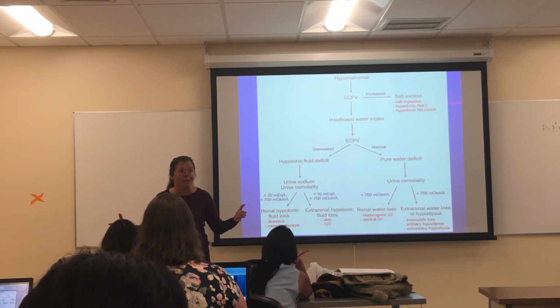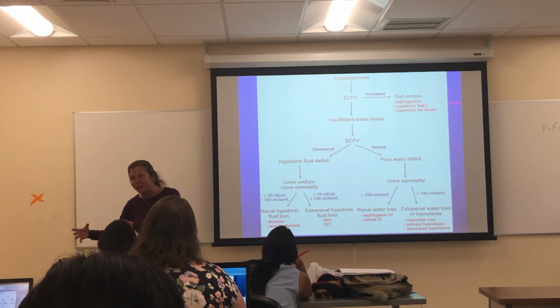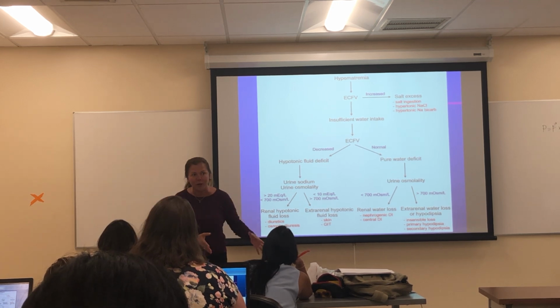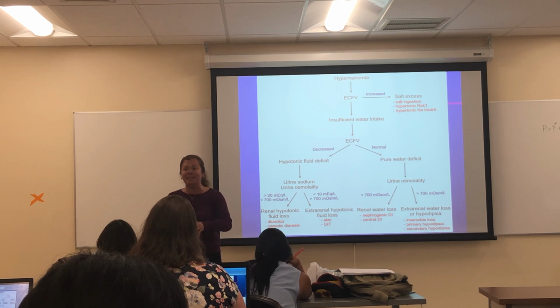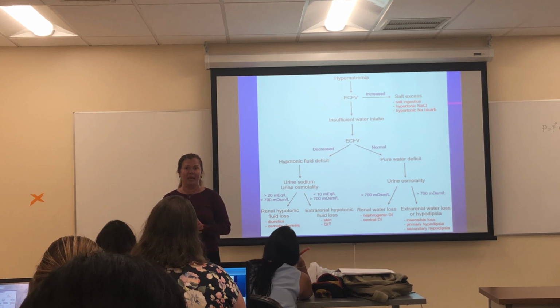Guys, osmolality is the proportion of solutes versus water. If you are urinating plenty of water, how's your urine osmol going to be? Low, less than 700.